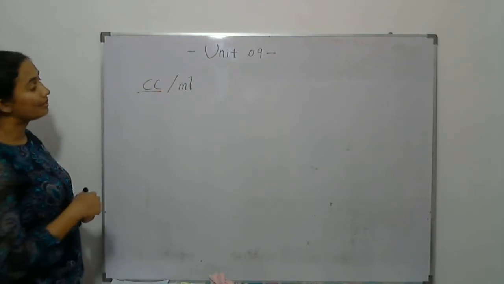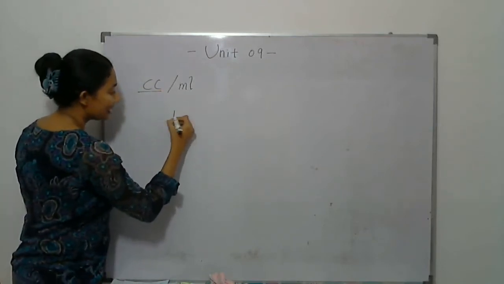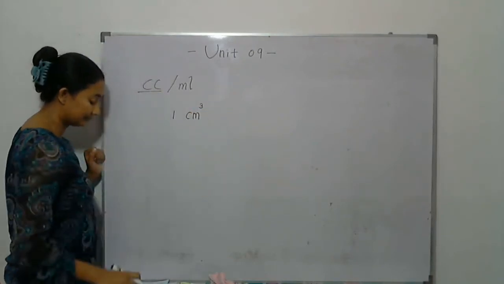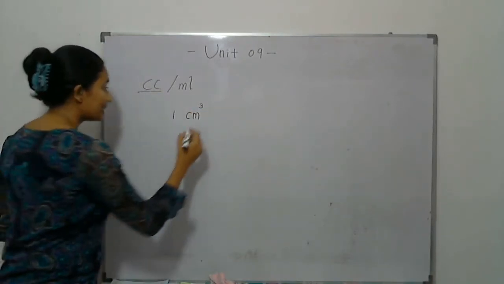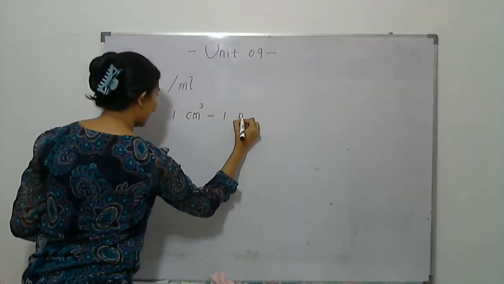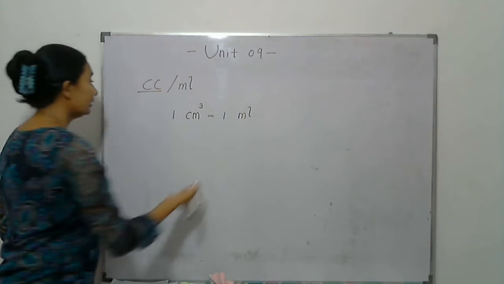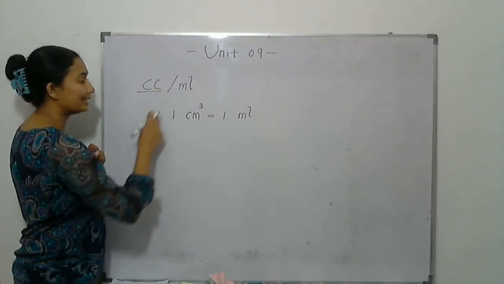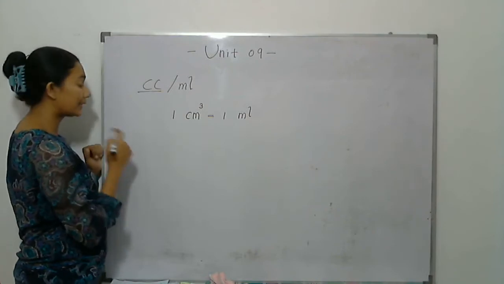Then we can say that 1 cubic centimeter is equal to 1 milliliter. You learnt about this unit in previous grades.